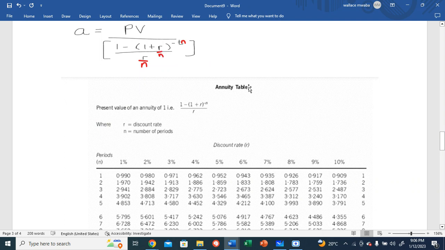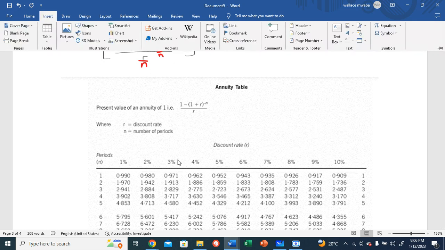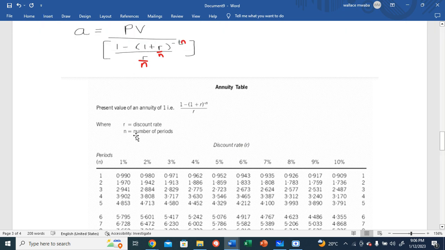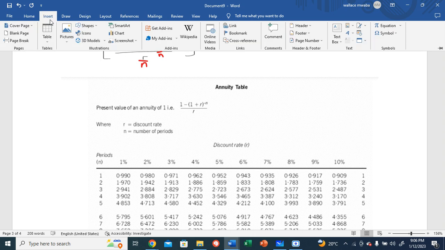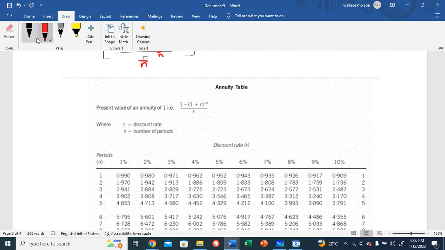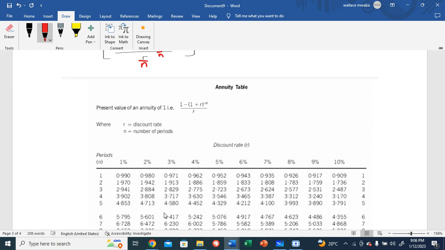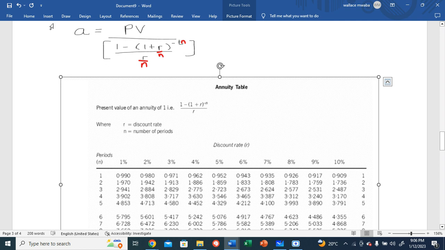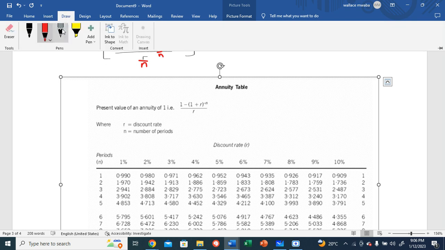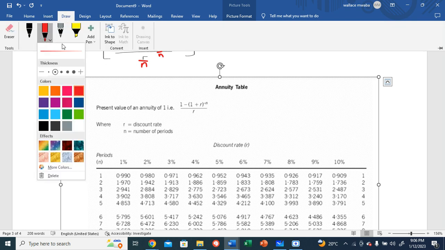Yeah, so whether you use this formula here or this table, you are going to get the same value. The decimal places just might differ by a 1 or a 2, but that is okay. So our rate is 3%, number of periods 6. So our discount factor is 5.417. Let me just highlight it.